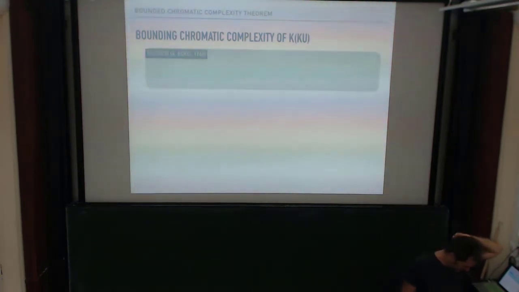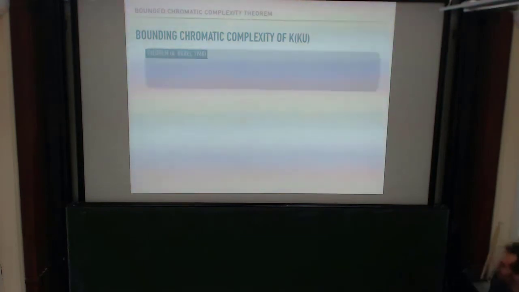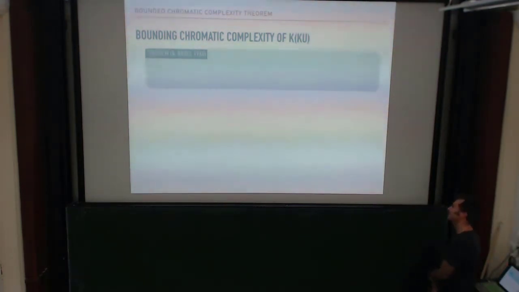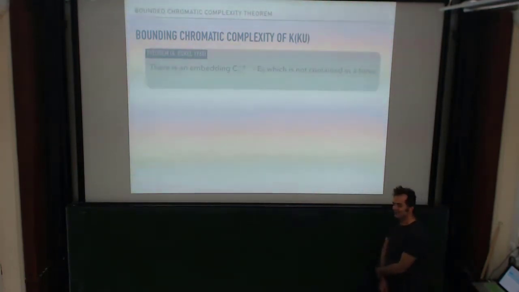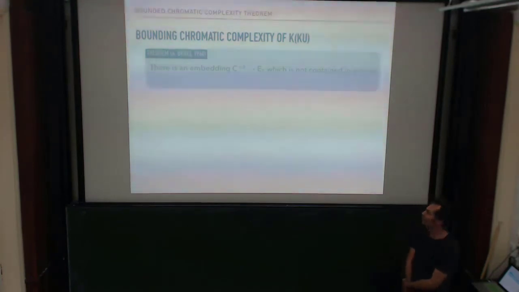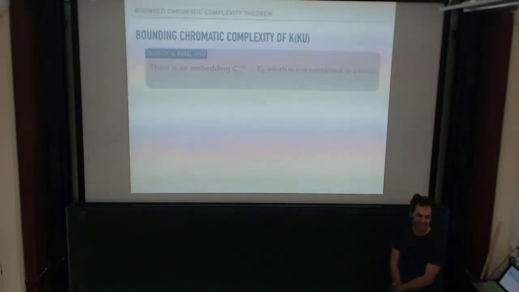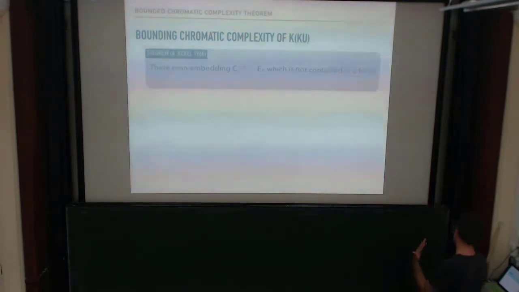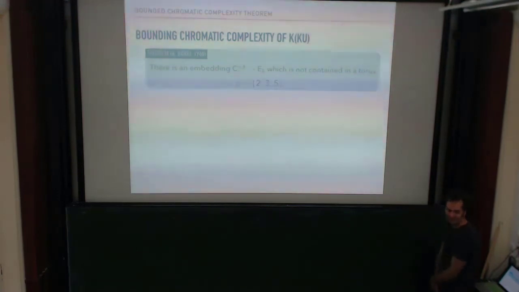Now for K of KU, I'll do something a little bit more fancy. So here's a result of Armand Borel, 1960. It shows that there's an embedding of C_p cubed into the exceptional Lie group E8 that does not land inside of the maximal torus, if and only if the prime is 2, 3, or 5.